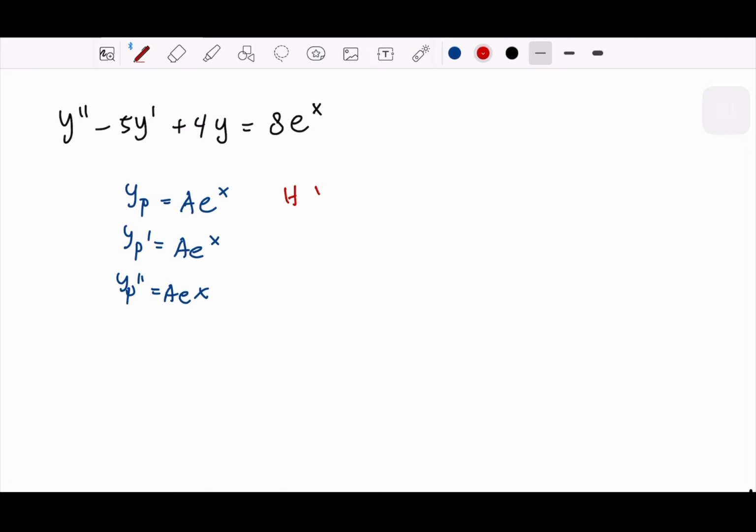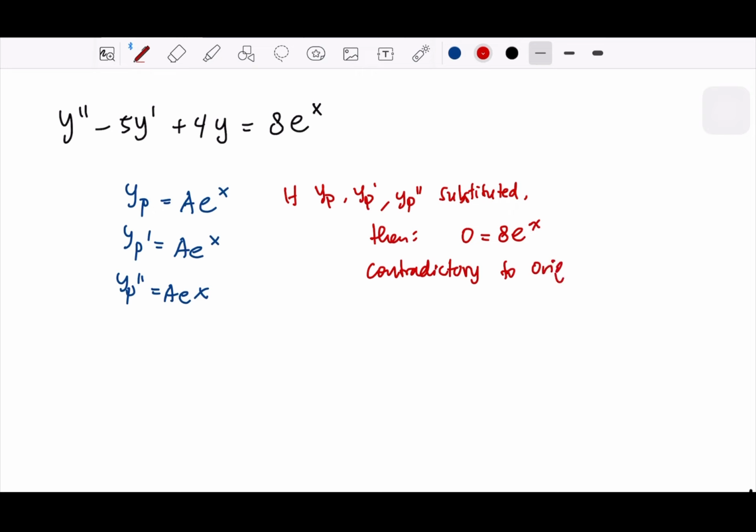If yp prime and yp double prime are substituted, then it will be 0 equal to 8e^x. Okay, this is contradictory to the original DE.